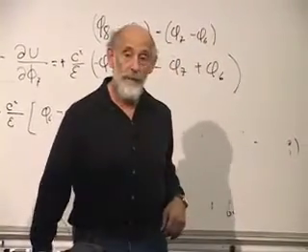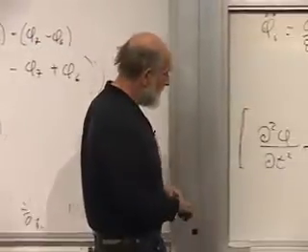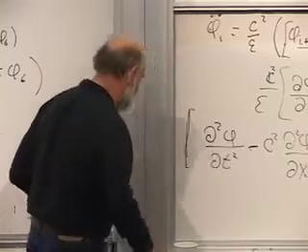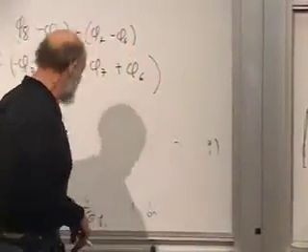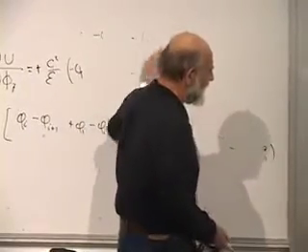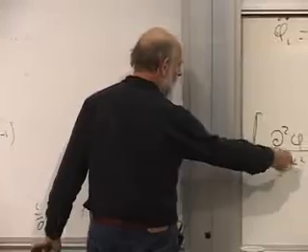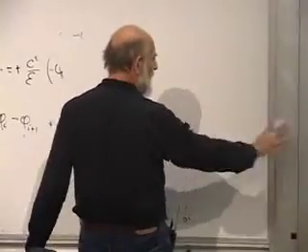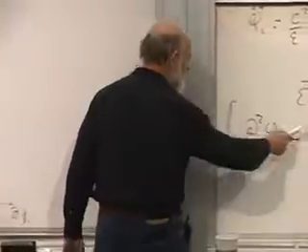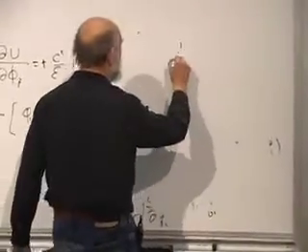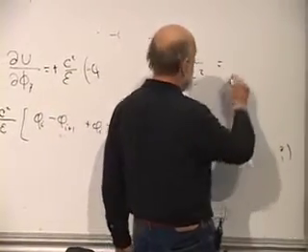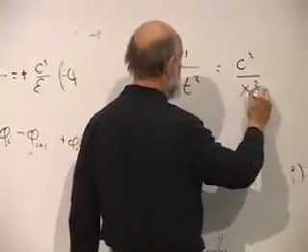With what velocity? C. Did I get it wrong? Wait, hold on. Let's just check the dimensions of c. I've done this more than once wrong. Apart from the dimension of phi, which I don't care about since it appears in both of these, here I have a dimension 1 over time squared, equal to c squared over x squared.